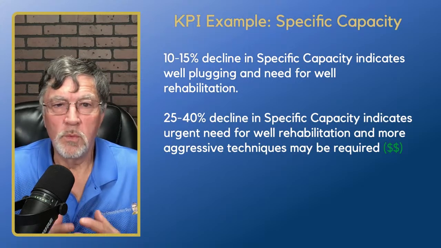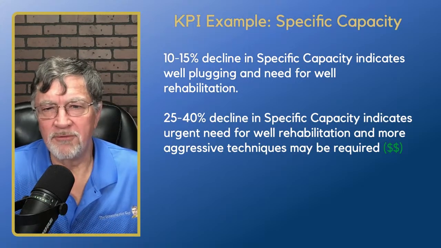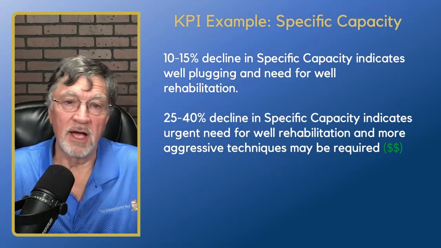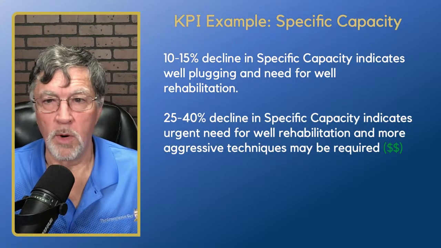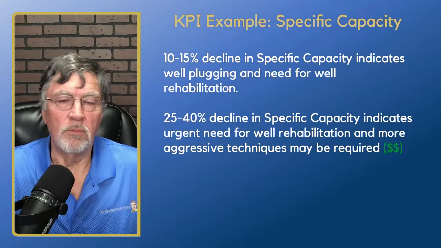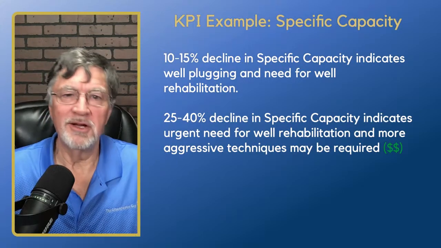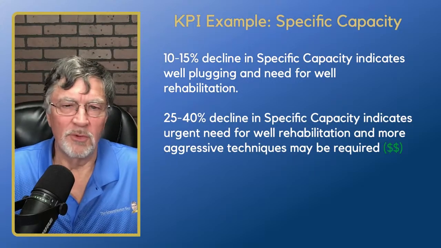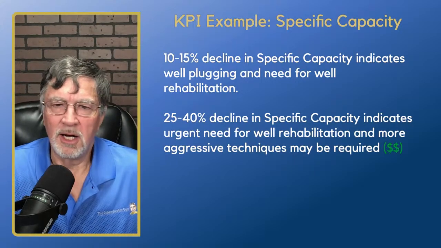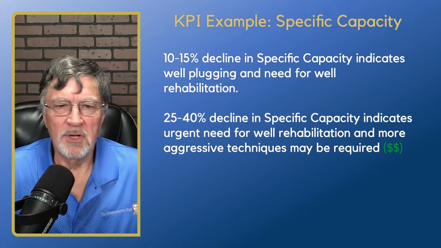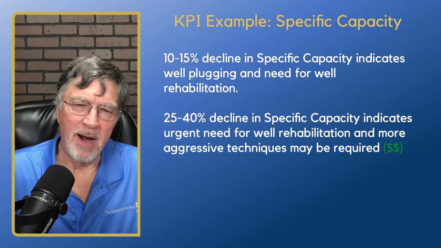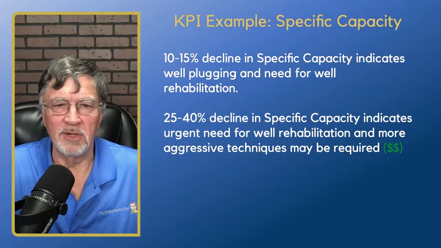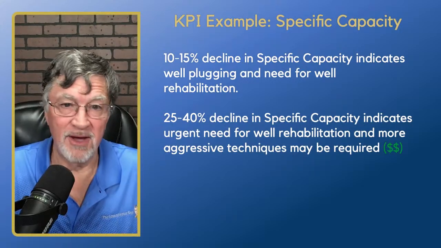Now, if you wait and you get a 25 to 40% decline in specific capacity, that means you have a more urgent need for well rehabilitation and more aggressive techniques, i.e., more dollars may be required. The reason for this is that these mineral incrustations and biofilms that develop and plug our wells really tend to accumulate and harden down a little bit.